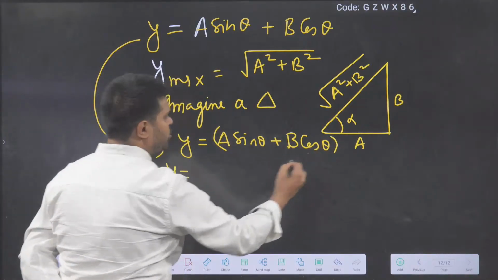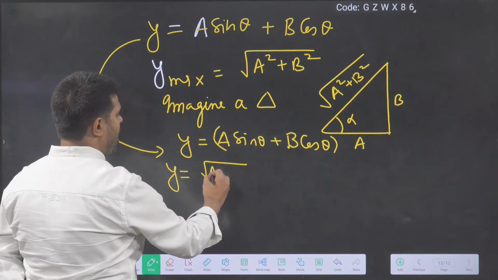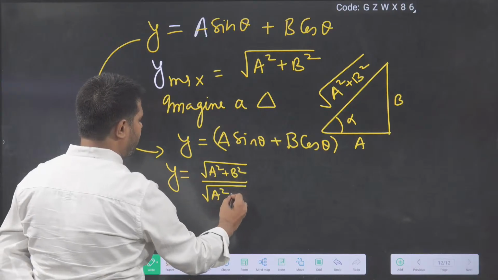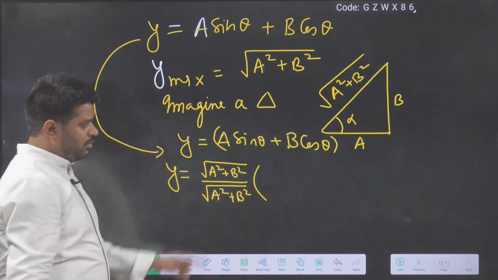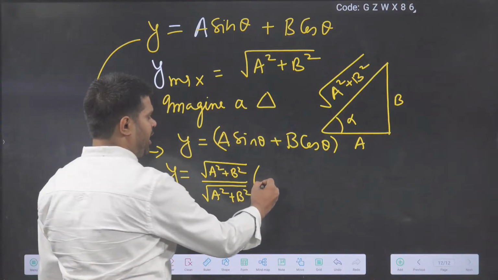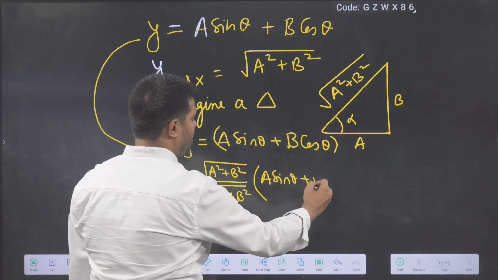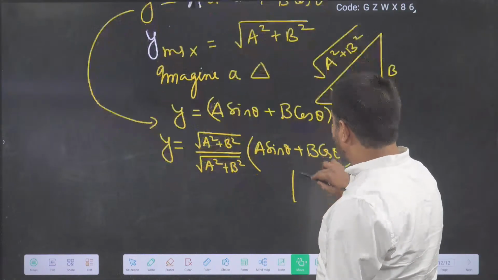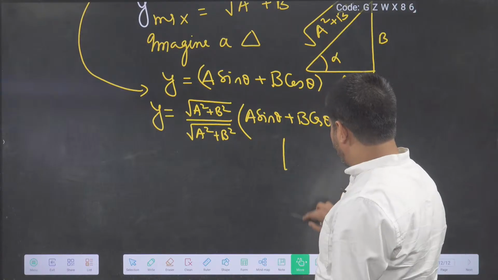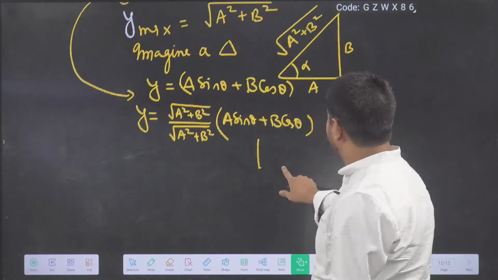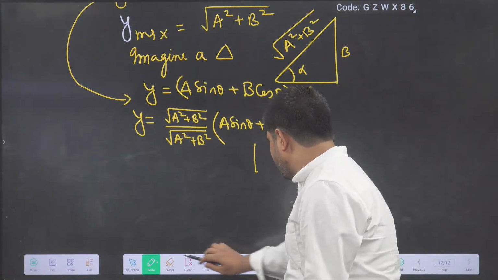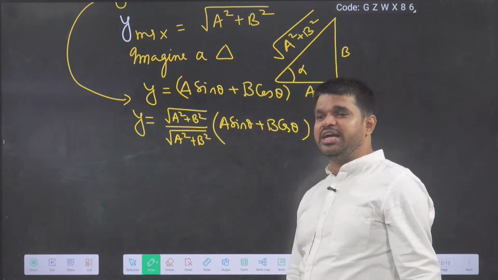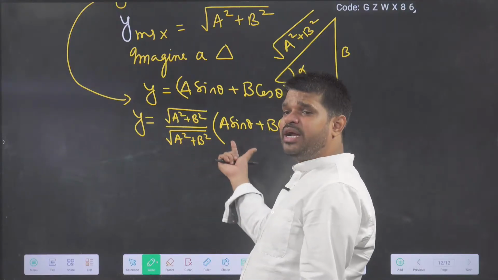I am multiplying with under root of A square plus B square and dividing by under root of A square plus B square. Now take this denominator inside.